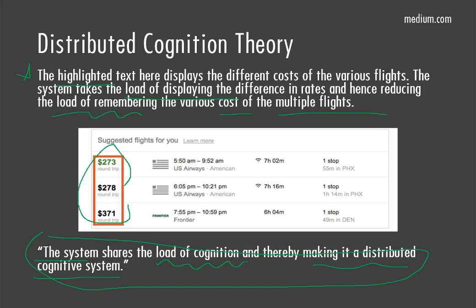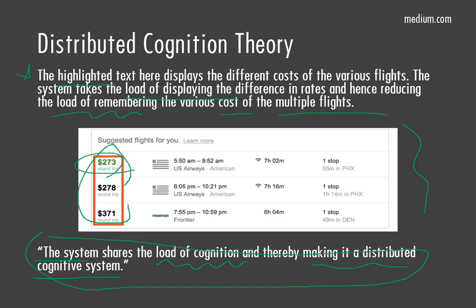It's like the sixth heuristic in the checklist we did a few slides ago, recall versus recognition. This design is helping users by showing the least pricey flight option highlighted on the top in green color.